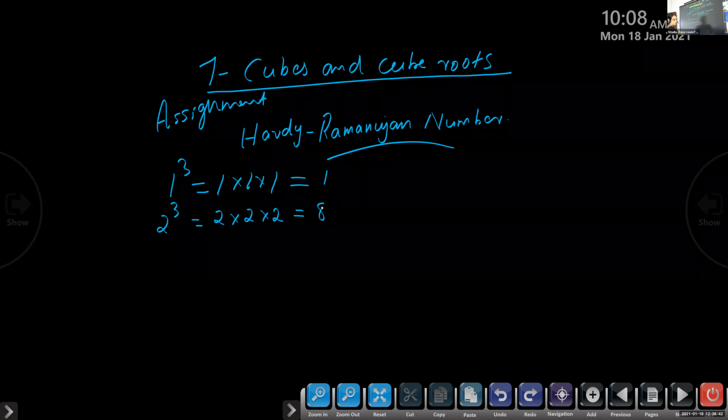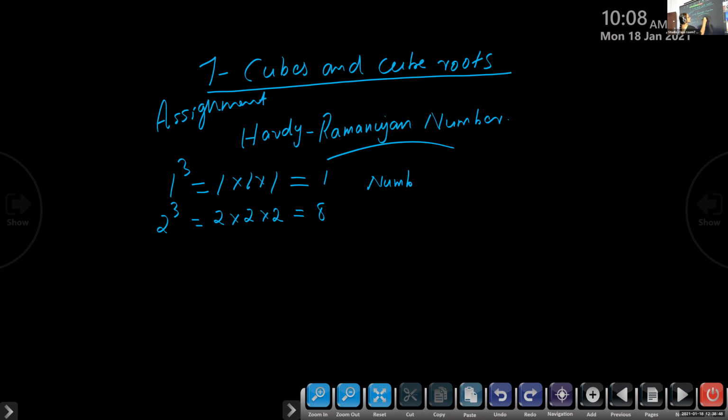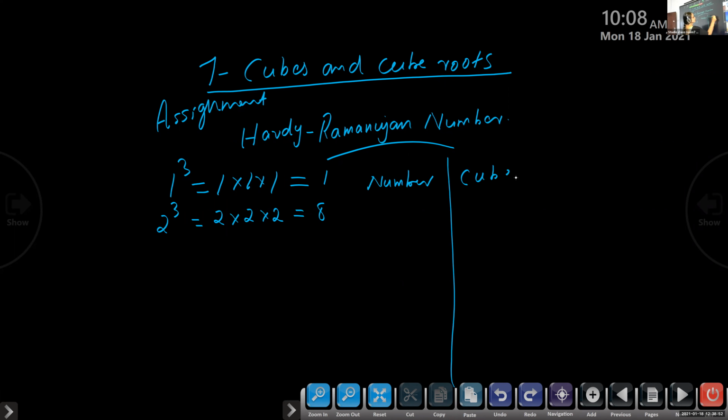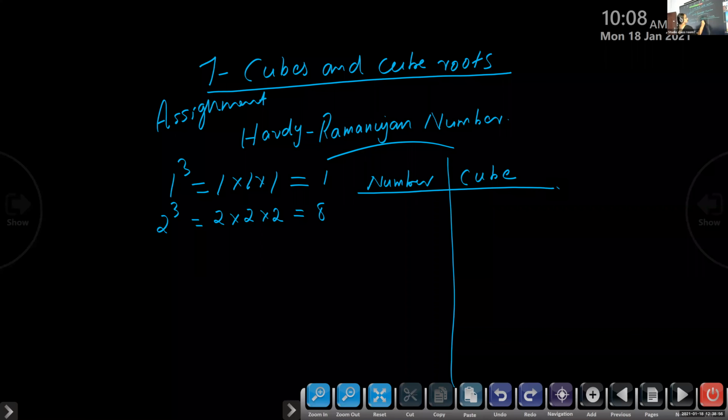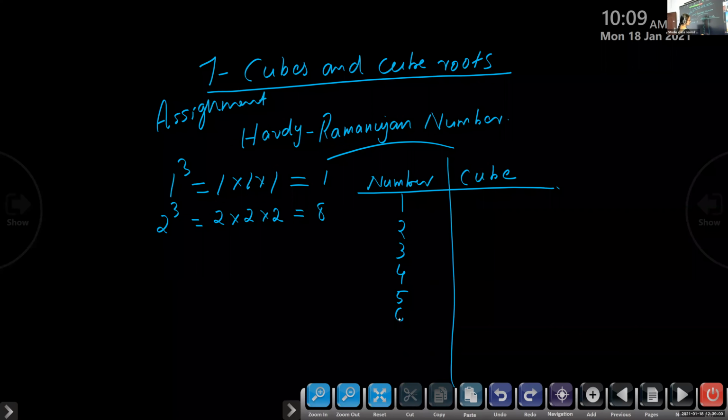That is 8. So now you prepare a table with number and cube. Number and cube: 1, 2, 3, 4, 5, 6, 7, 8, 9, 10.